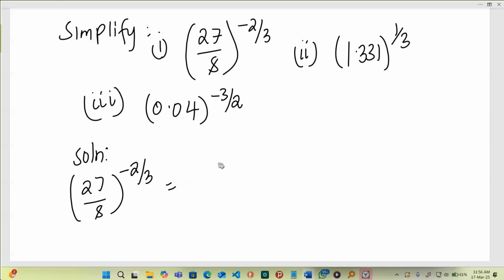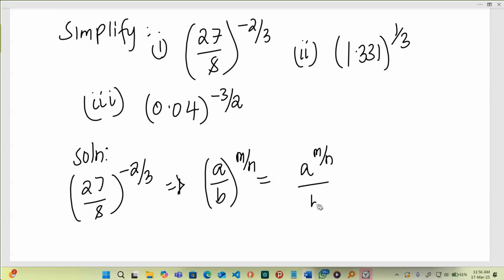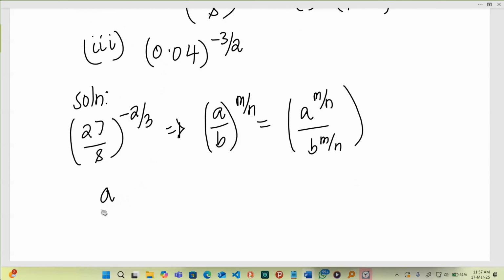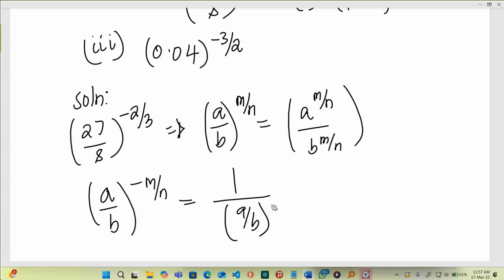Remember, we have a rule which says if you have A out of B raised to a power of, for example, M out of N, this is the same as having A power M out of N divided by B power M out of N. And again, if you have A out of B power negative M out of N, this is the same as saying 1 out of A out of B raised to a power of M out of N.